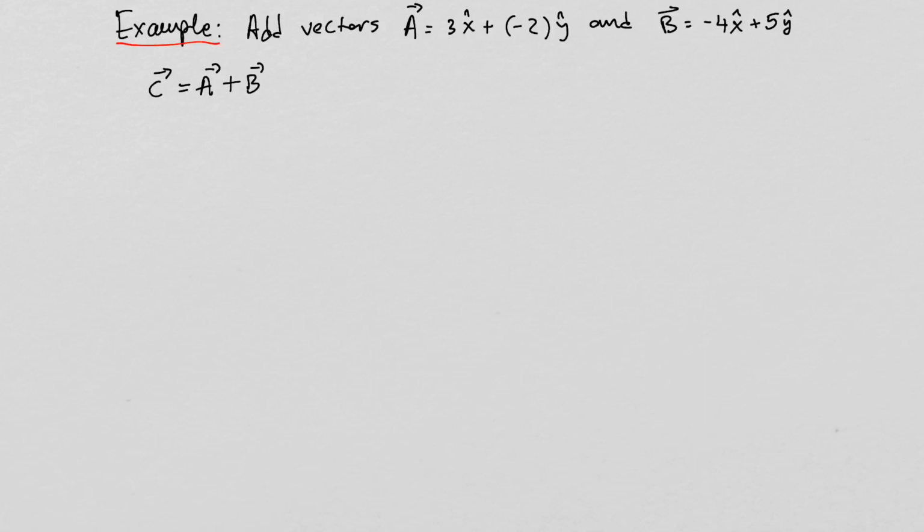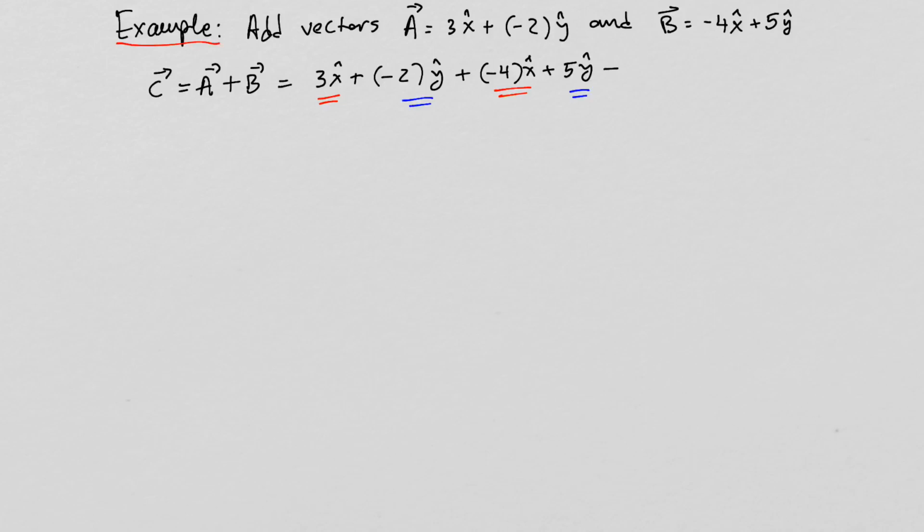And now I'm going to replace A and B with their unit vector representation. So that is equal to 3 times x hat plus minus 2 times y hat plus minus 4 times x hat plus 5 times y hat. So now I'm going to group the terms with the same unit vectors, like so.